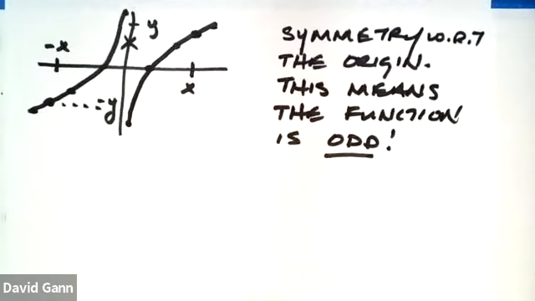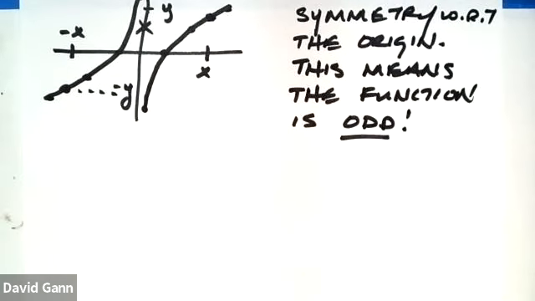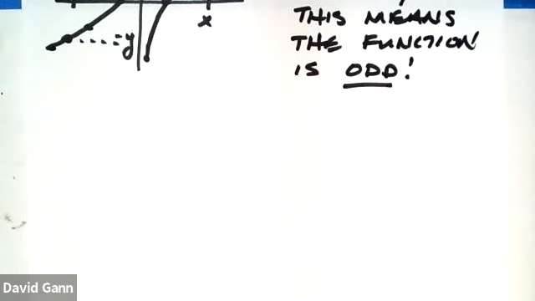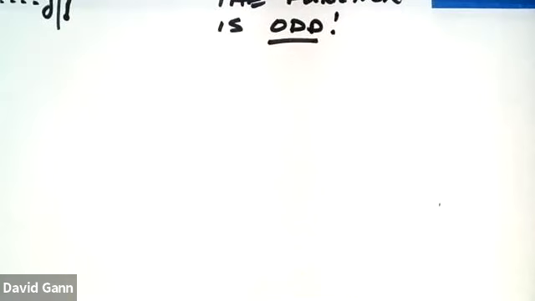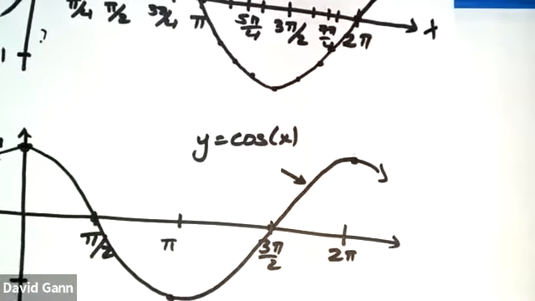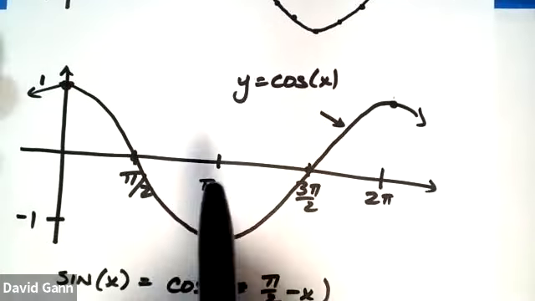Okay, so why are we doing all this? Well, it turns out that all trig functions are either even or odd, and that helps in our attempts to graph them. So I'm going to pull the graph that we made for sine and cosine. Sine was in the last segment. I want you to focus on cosine here a second.